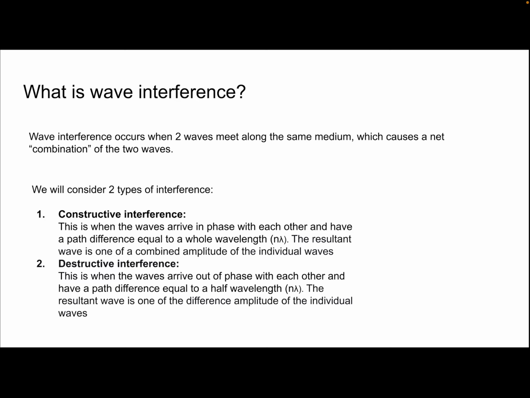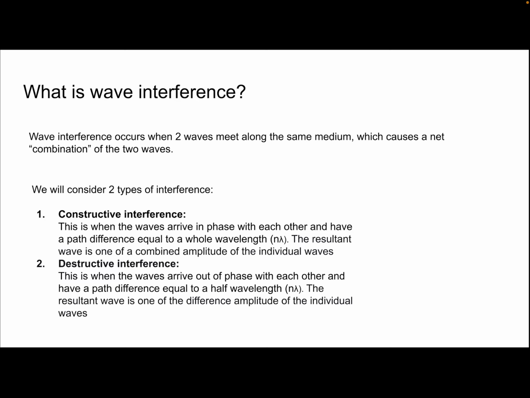The second one is destructive interference, and this is when the waves are arriving out of phase, where the path difference is a half wavelength. So that is, I was supposed to say n minus 1 half lambda, my apologies. So it's n minus 1 half lambdas, because when n is an integer, any integer minus 1 half will give us a half wavelength, which is going to be a point of destructive interference.